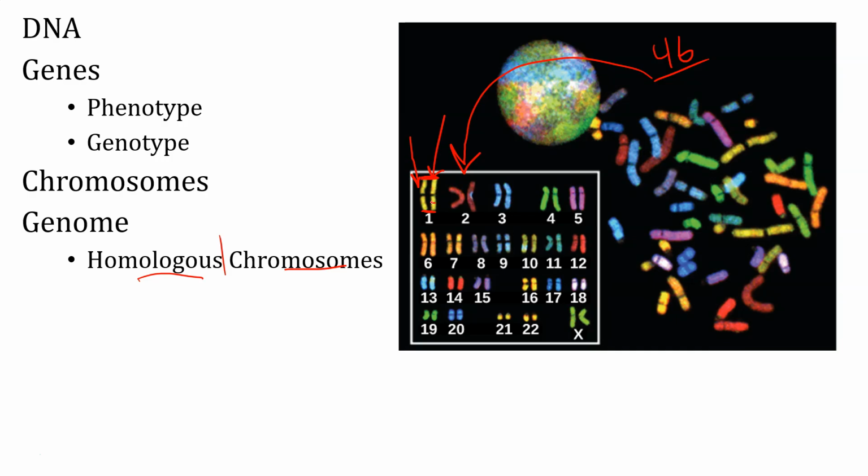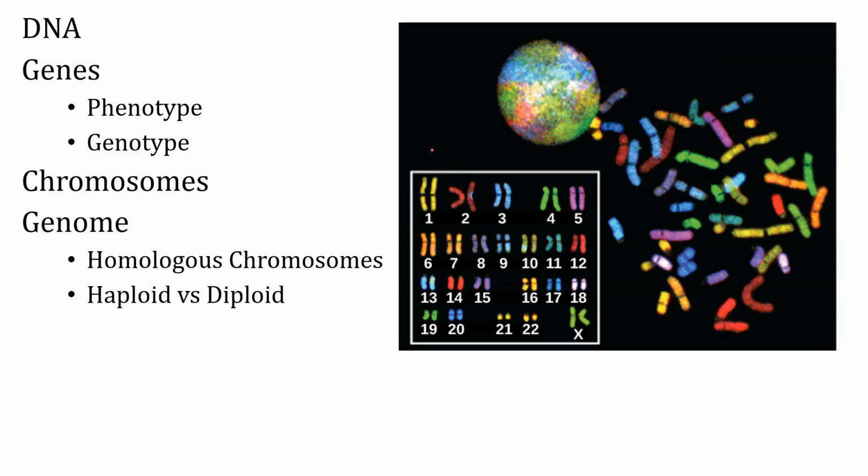It's not the same phenotype, but it is the same trait, hair color, at the same location. So those would be homologous chromosomes when you have the matching chromosome from one parent to the other parent's sets of genes that they donated. Again, they'll be the same size, they'll have the same traits on them, even if the actual phenotype of the traits is different.